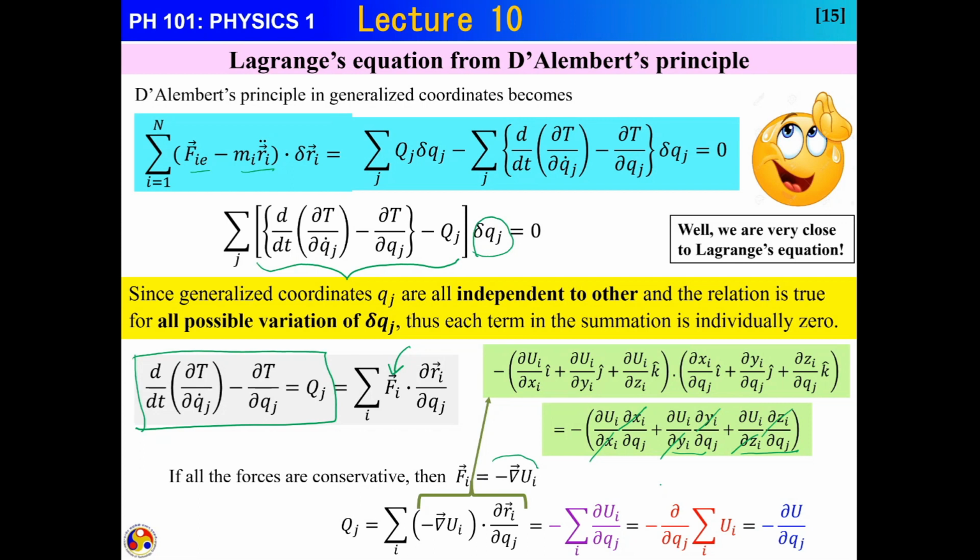That's well known, because if your forces are conservative, my functional form of force can be written as minus del U, which is actually true. Now if that is written, the Qj format has come out to be minus the partial derivative of potential energy with respect to the generalized coordinate. Let us substitute it here and see what is happening in this equation.